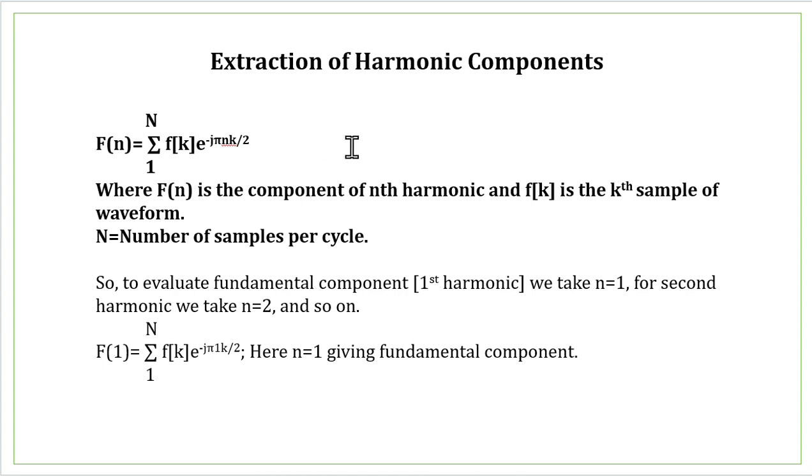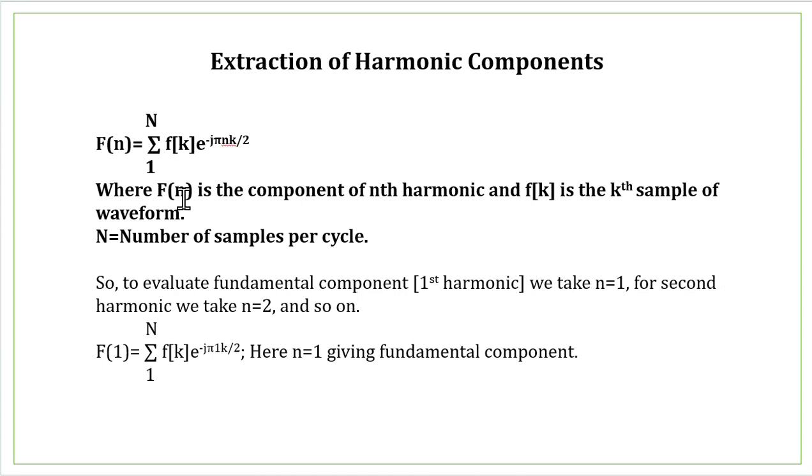We add them up and that is where we land on the value of Fn. Fn is the component of the nth harmonic and Fk is the kth sample of the waveform. So we are taking capital N number of samples, performing this and then taking their sigma.